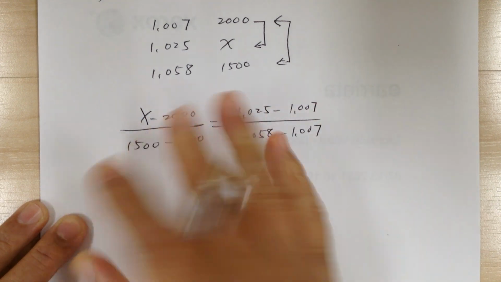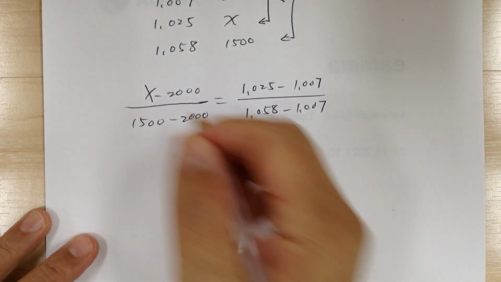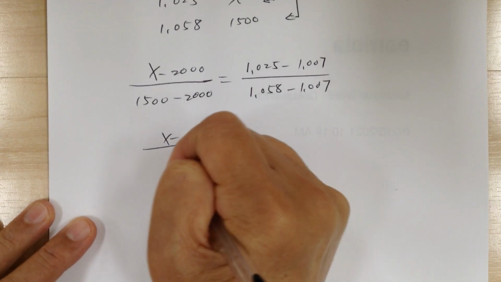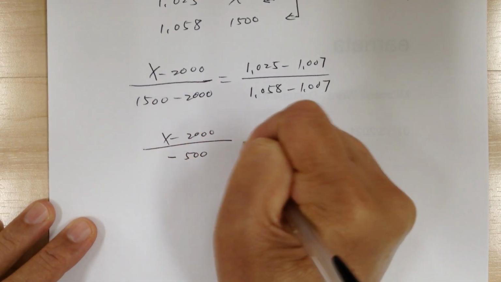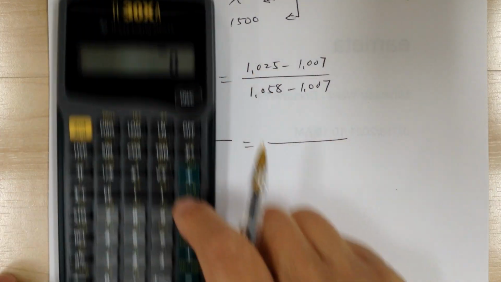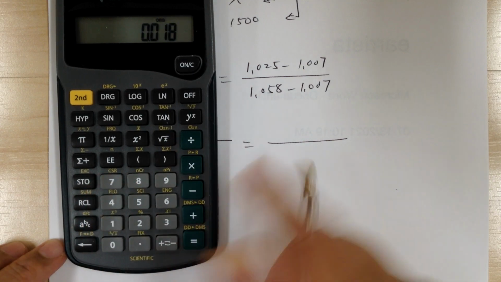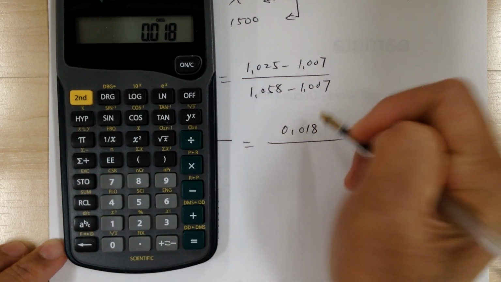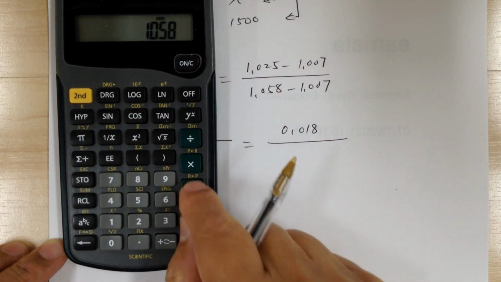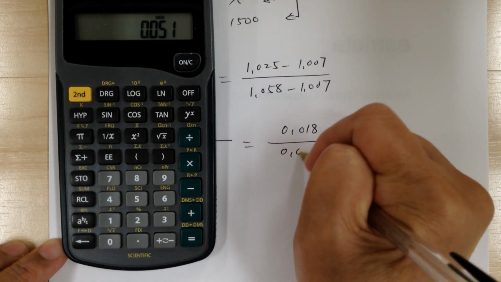The key is it doesn't matter which one you go with, as long as you match them up exactly. So x minus 2,000 over negative 500 equals, with your calculator, 1.025 minus 1.007, which gives 0.018, and 1.058 minus 1.007, which gives 0.051.